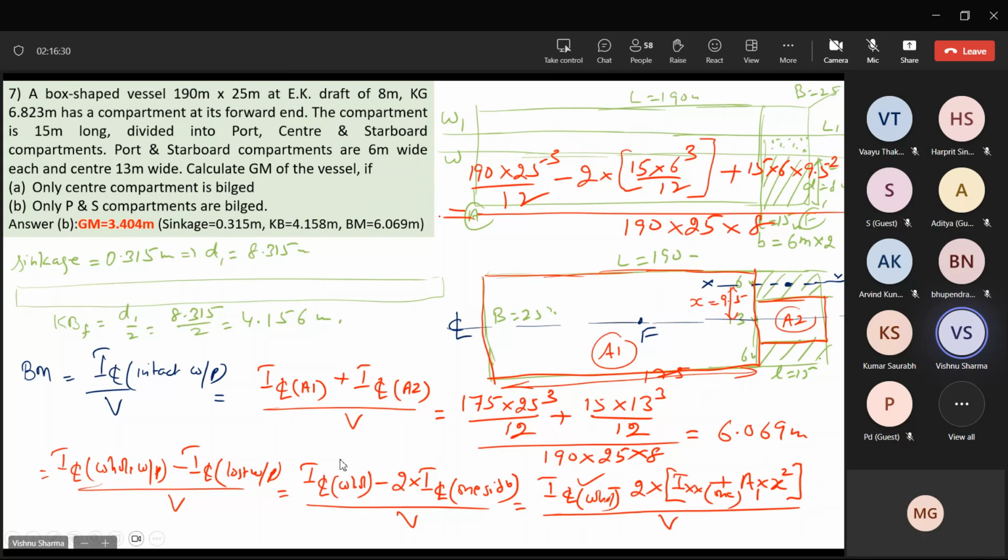This will give you the same answer of 6.069, unless there is a clerical error somewhere.